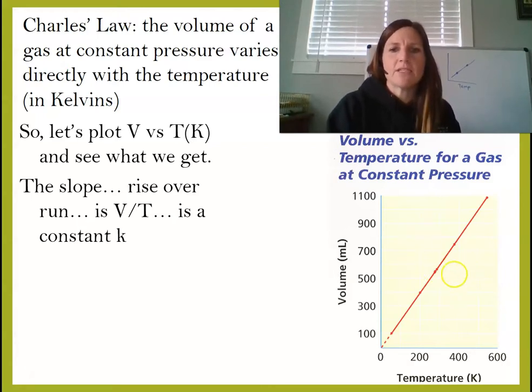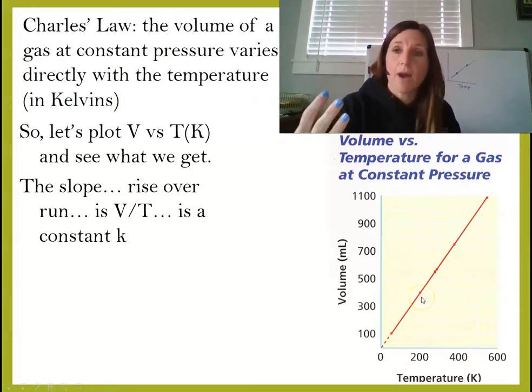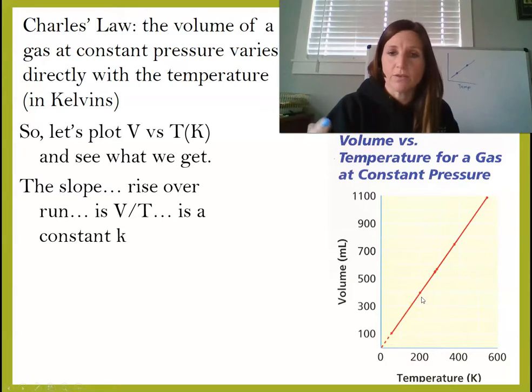Now that means that the slope at a point right here is the rise divided by the run, okay? Rise over run. So we would do something like 400 divided by 200.